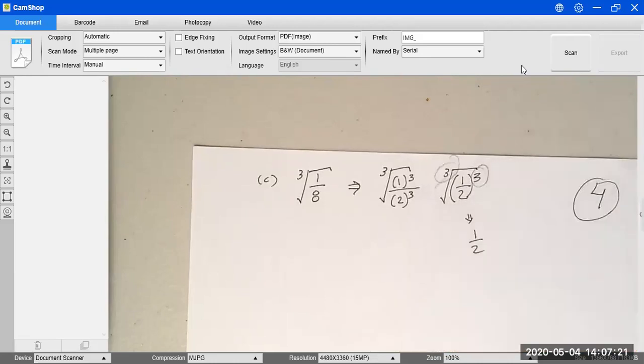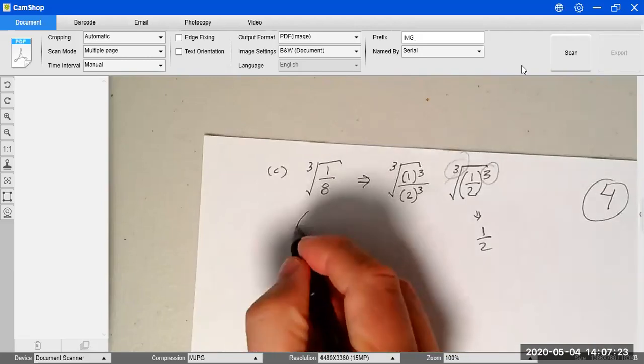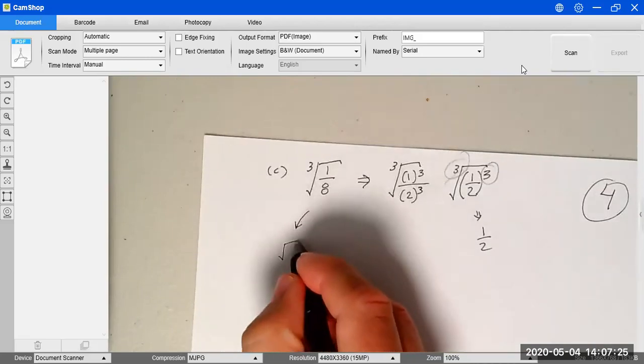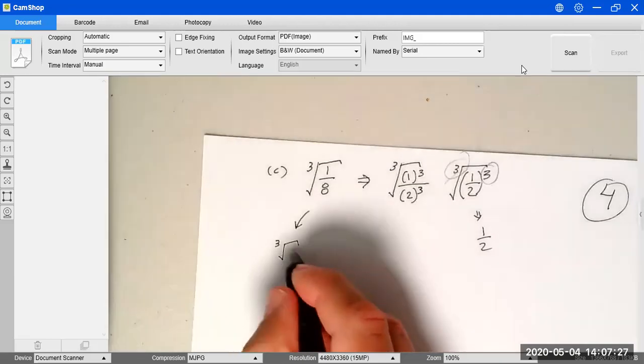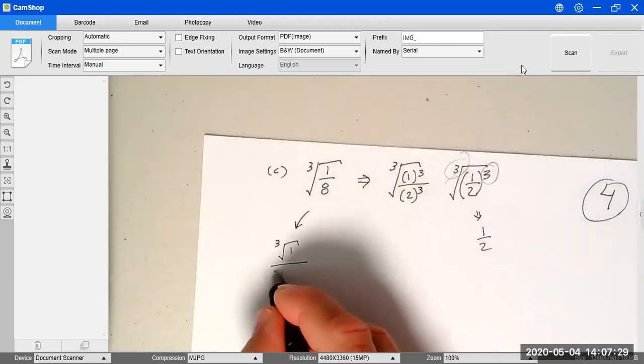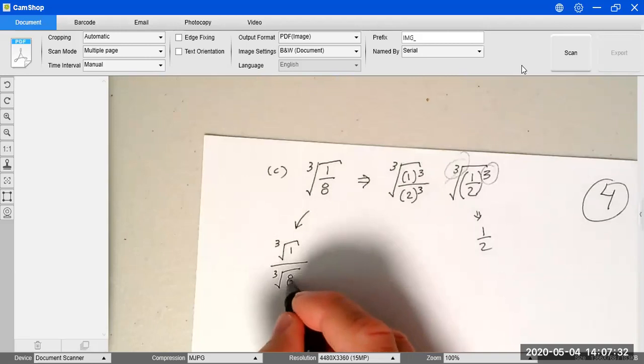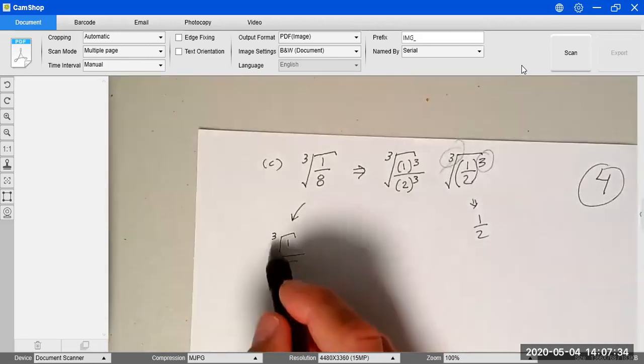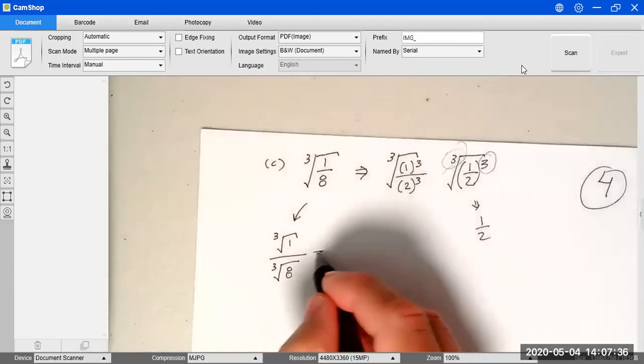1 over 2. Or the other way is you can split the radical sign into parts, one for the numerator, the other one for the denominator, but don't forget the indexes. And then you just continue doing the same thing.